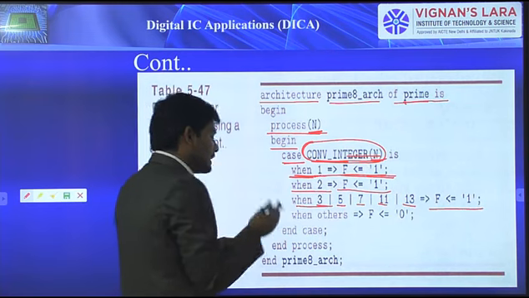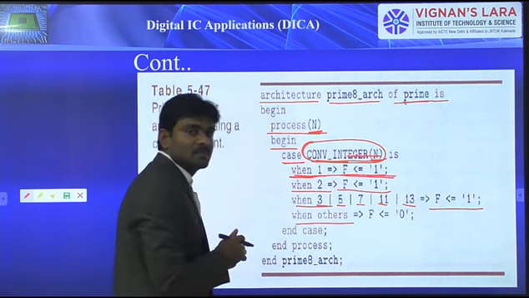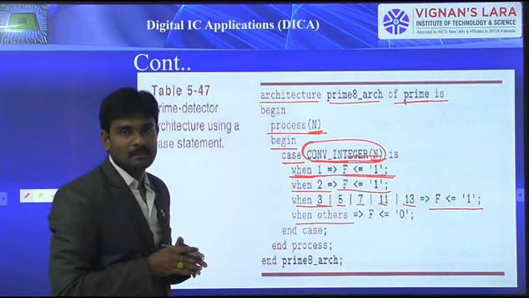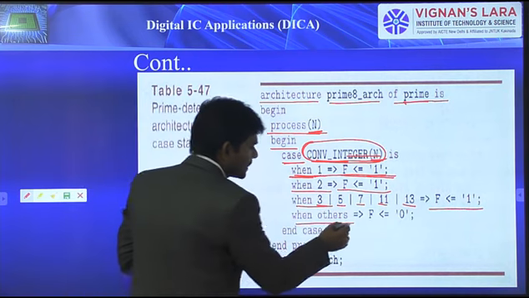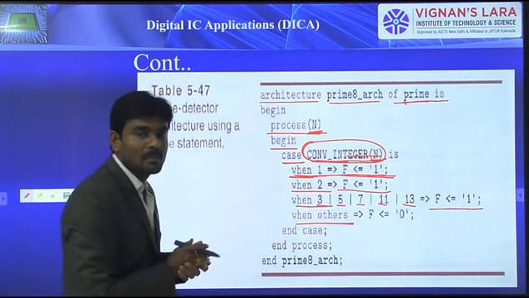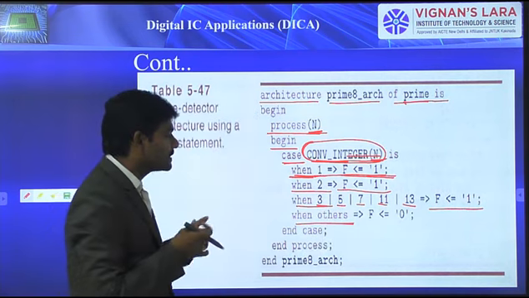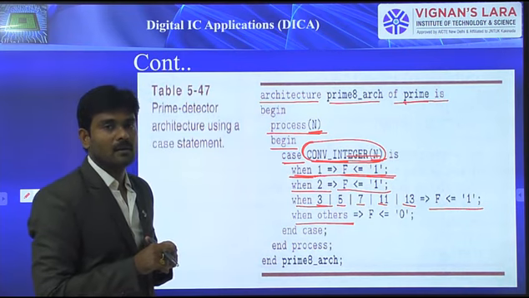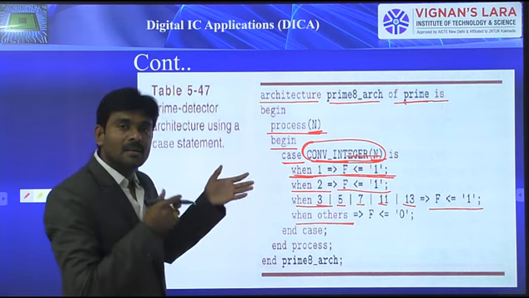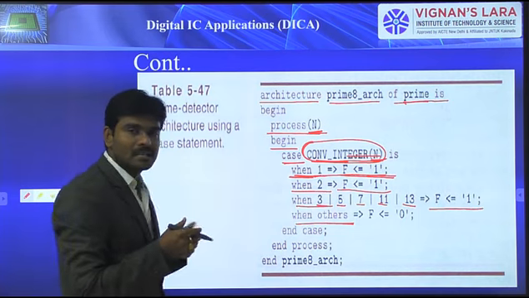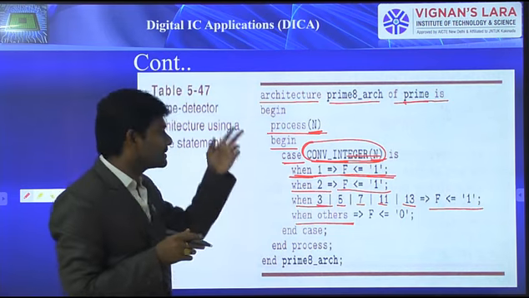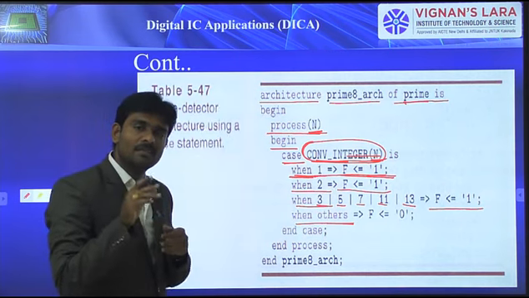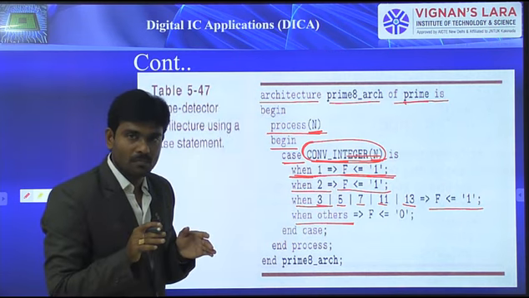Then the last choice must be when others. By mentioning others, it is going to cover all the remaining combinations present over there. So how many combinations does it consist of? You may think that because of 4 inputs it consists of 2 power 4, only 16, but that is not true.